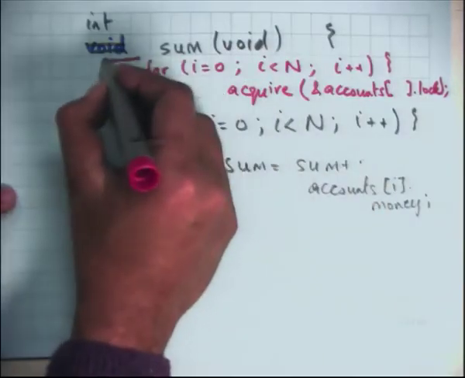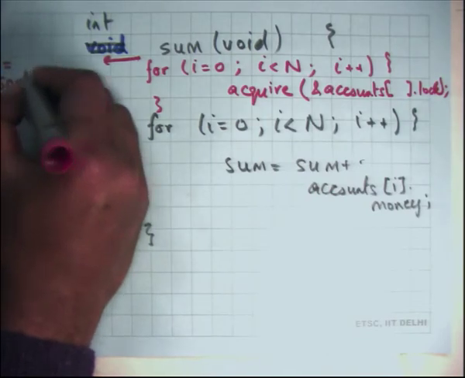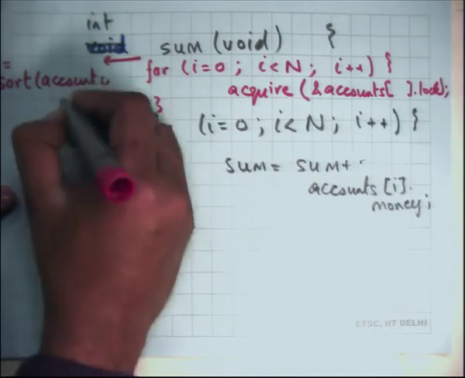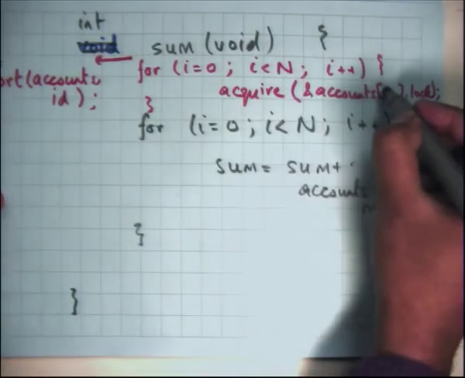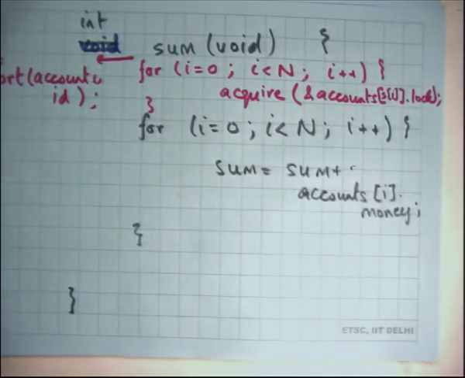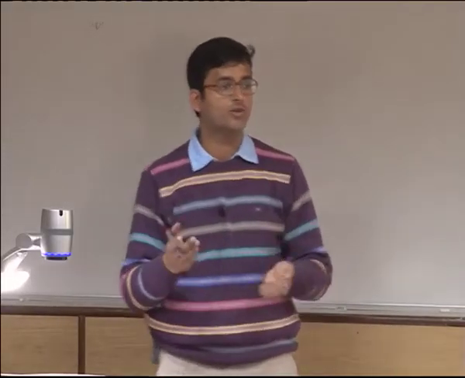So what you'll need to do is, let's say you have another array which just sorts the accounts by ID, right? And that sorted order is what you use here. So you just take the locks in a certain sorted order, and the sorted order is, let's say, in the order of the account ID.